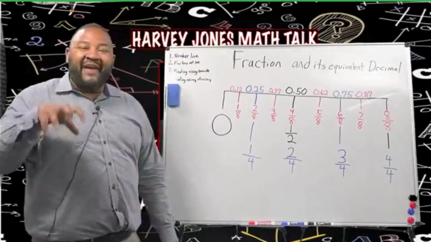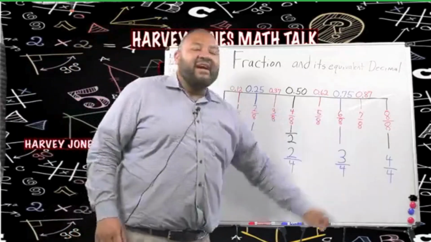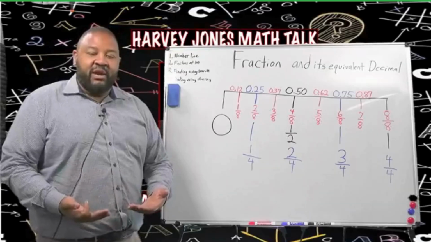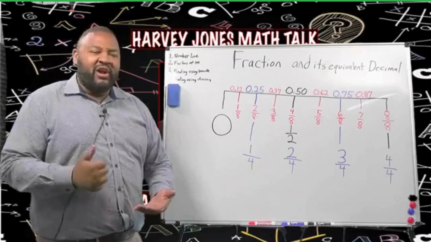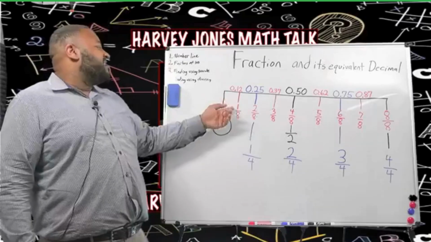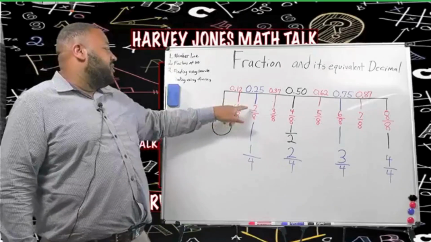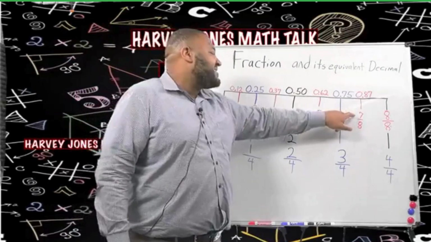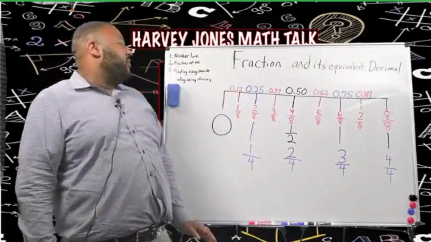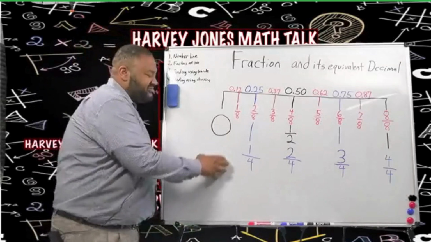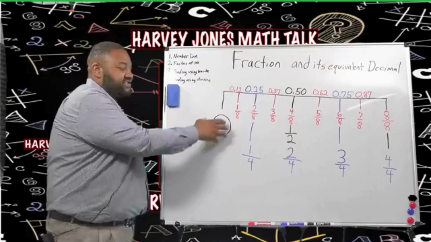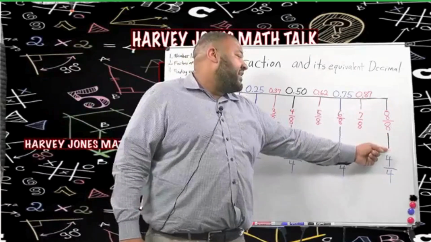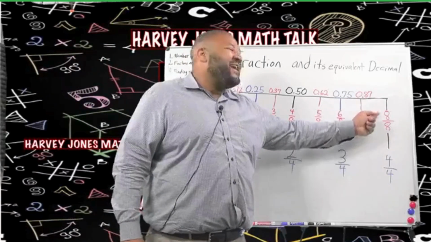Since there are a total of 8 lines, my 8 becomes my bottom number, which we call our denominator. Everybody say denominator. Great. The top number is what I just counted: 1, 2, 3, 4, 5, 6, 7, 8. Over here with my 0, there's nothing under it because 0 means 0. But look at my 1. I have 8/8.